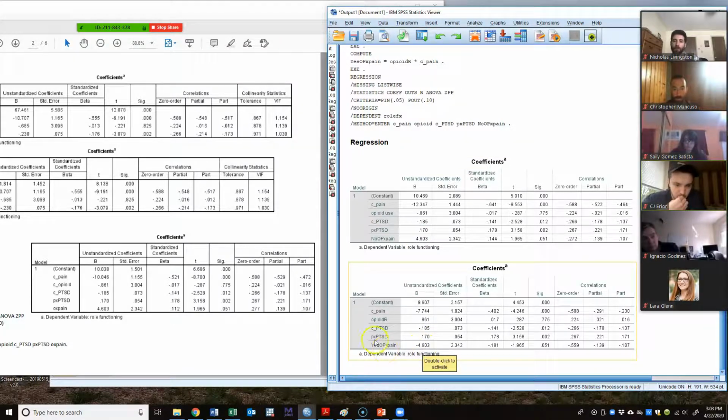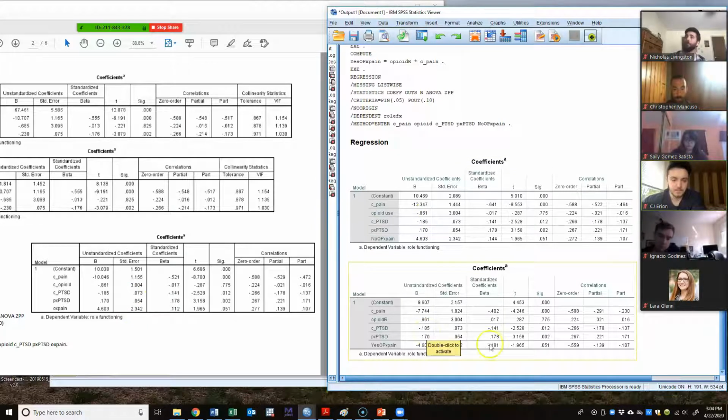And what about coefficients for my effects that I don't care about? This is going to be opiate use, negative 0.861 again because we just reversed that dummy code, but that's the same. Coefficient for PTSD, negative 0.185, that's all the same.